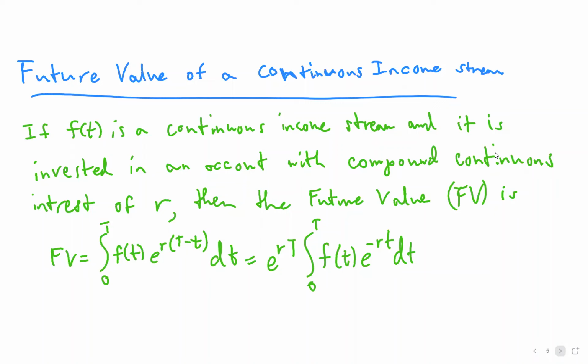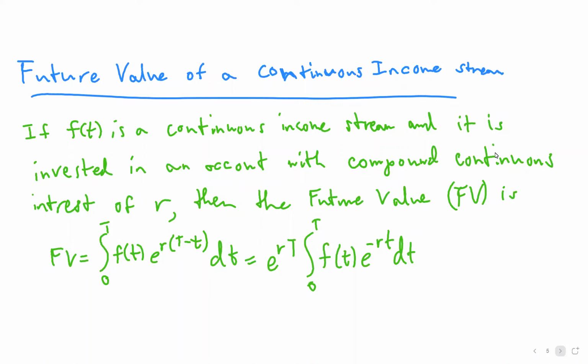So the end calculation, or the nicest way to write this particular integral, comes out to be e to the r capital T times the integral from 0 to capital T of f of little t e to the exponent of negative RT times dt.